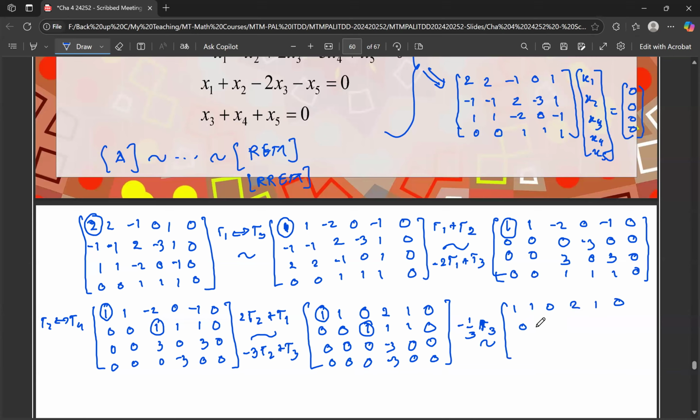This is 0, 0, 1, 1, 1, 0, 0, 0, 0, 0, 0, 0, 1, 0, 0, 0. This is 0, -3, 0, 0.